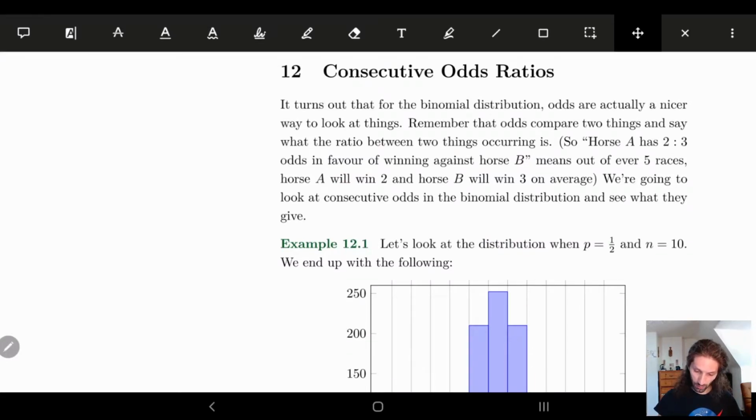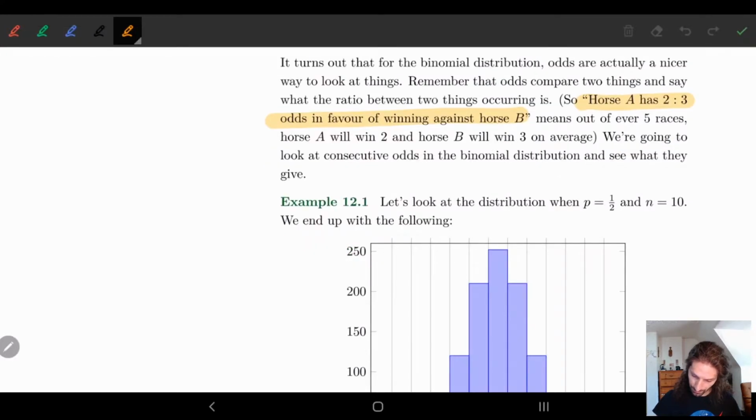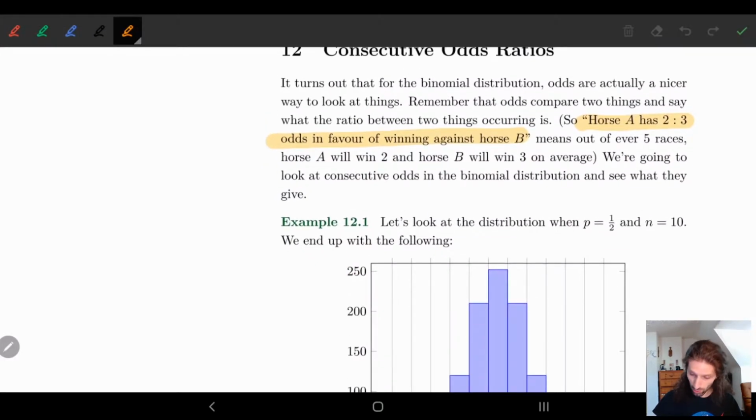If you recall, if we have odds like this, 2 to 3 odds in favor, remember that this 2 is the size of A, and 3 is the size of A complement. So we have an A and an A complement. In other words, we have something that passes and something that fails.